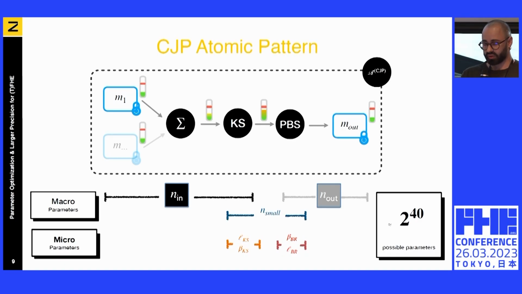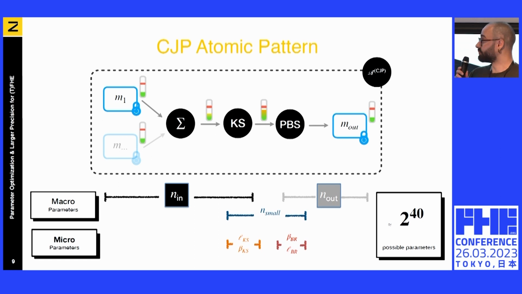Then we go through the dot product and we arrive at the key switch. At the key switch, there is a decomposition. So you're going to have a number of levels, L, in red, orange, I think, and you also have a decomposition basis, beta. And at the end of the key switch, you end up with a smaller LWE ciphertext. The dimension is n_small.